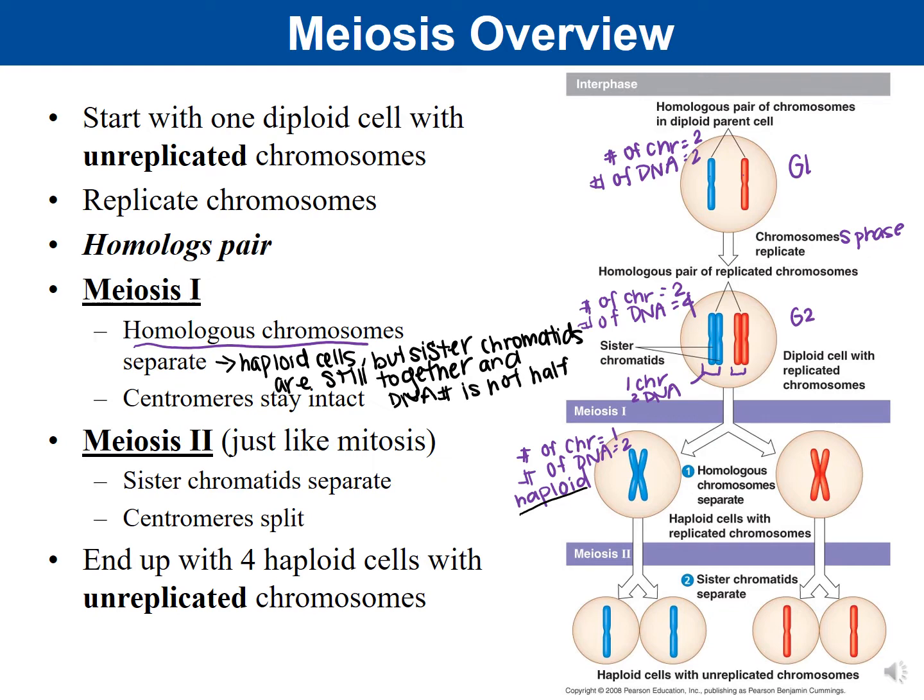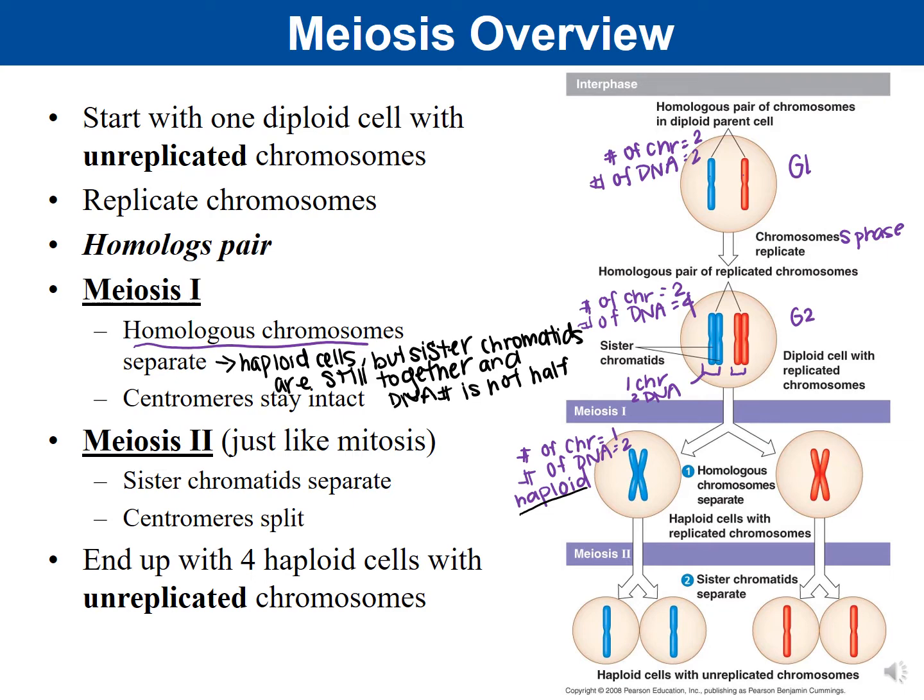So after meiosis 1, we have reduced chromosome number because our homologous pairs split, but our number of DNA is not reduced yet because we still have 2 DNA because each chromosome is still duplicated. So each chromosome has 2 DNA molecules. So this is why the cell needs to undergo meiosis 2. So we need to undergo meiosis 2 to separate sister chromatids.